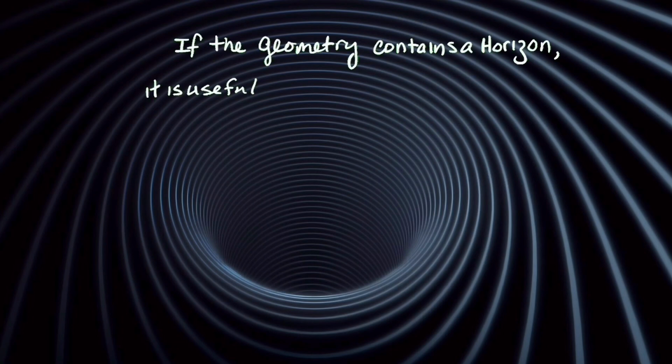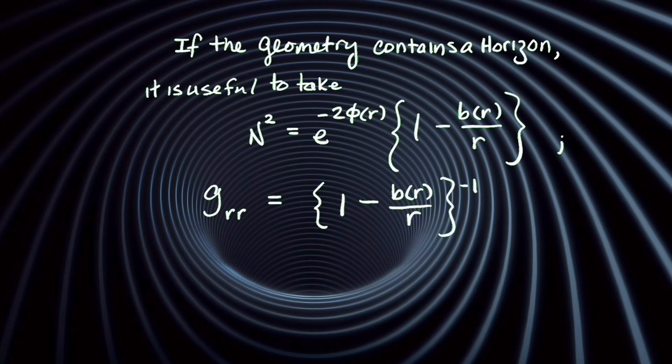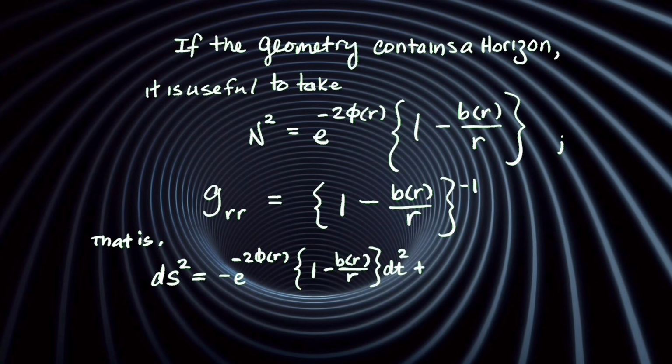If the geometry contains a horizon, it is useful to take the lapse function to be given by this, and therefore the metric radial component to be given by this, and the line element to be expanded out as this.